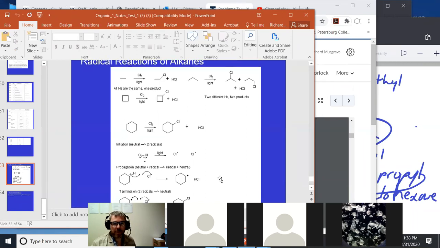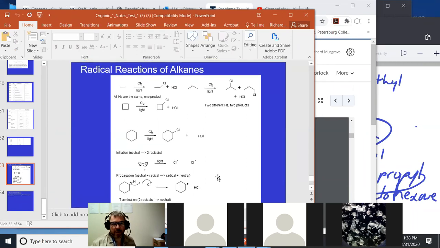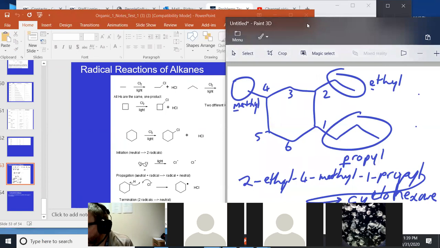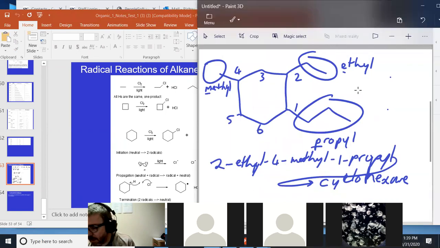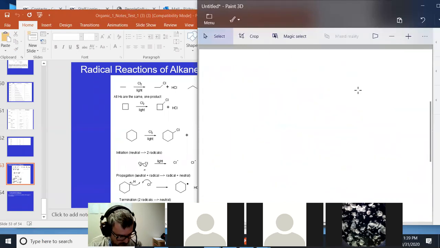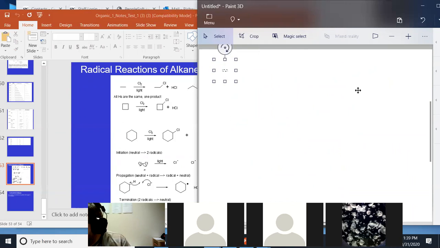But I want you to focus on what happens when we're dealing with chlorine and where it can go on the molecule. This is the pattern, and I'll show you over here. I'll do this top one just to give you an idea of the pattern.